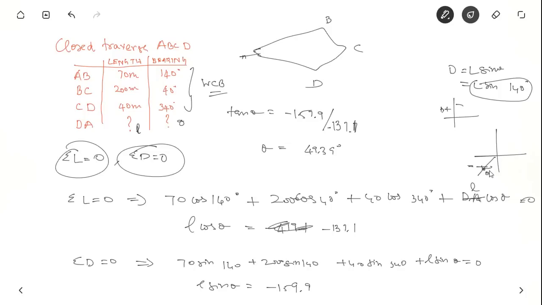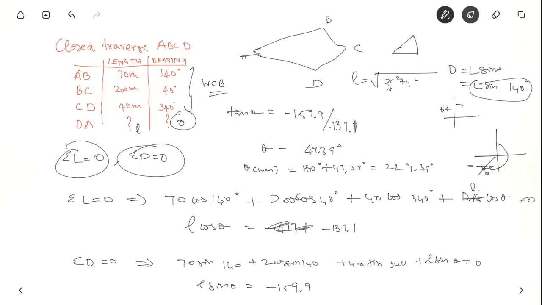So this is the theta we have. In whole circle bearing terms, theta will be 180 degree plus 49.39 degree equal to 229.39 degree. Now we have to find out length L. We know it is root of x square plus y square, because we know the departure and latitude, which I am using as x and y.